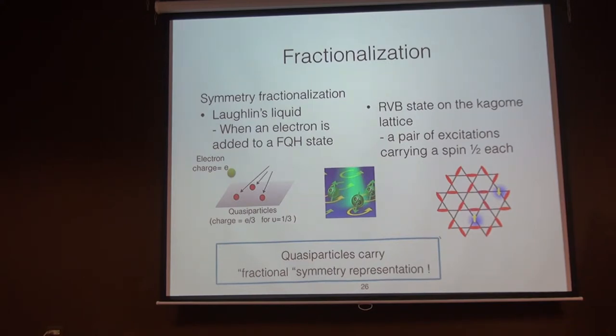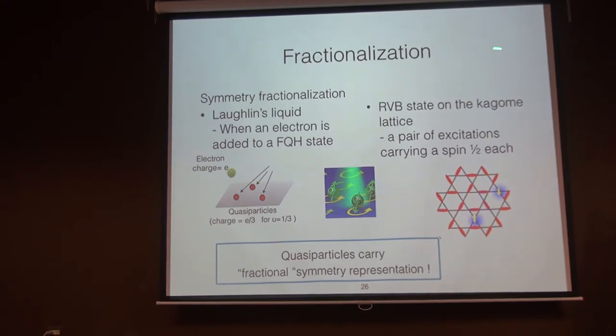For example, we consider the Laughlin states, the fractional quantum Hall effect. If we add one electron in the fractional quantum Hall effect, so that means this system has a U(1) symmetry, we know the quasi-particle will carry the fractional charge e/3.